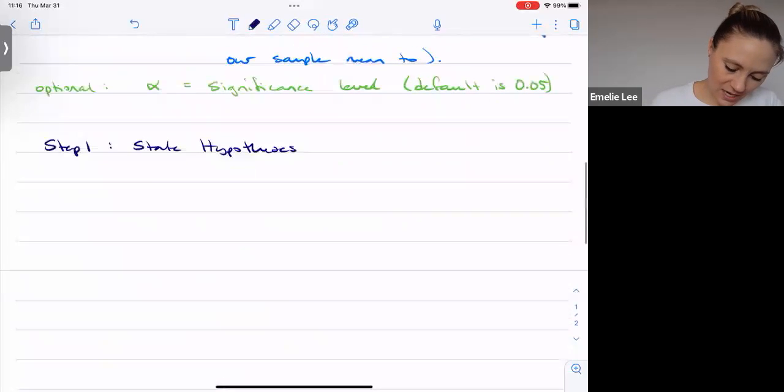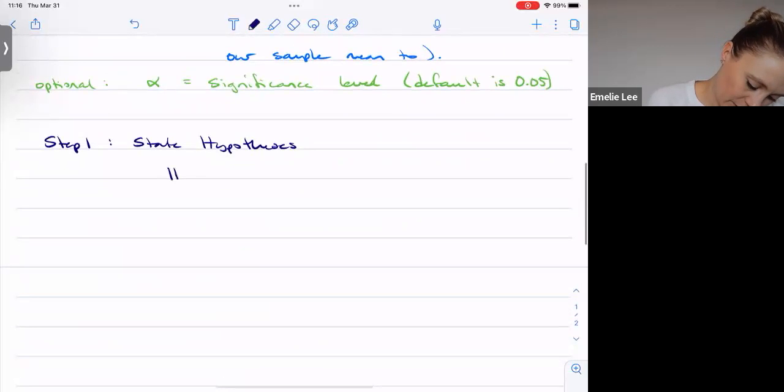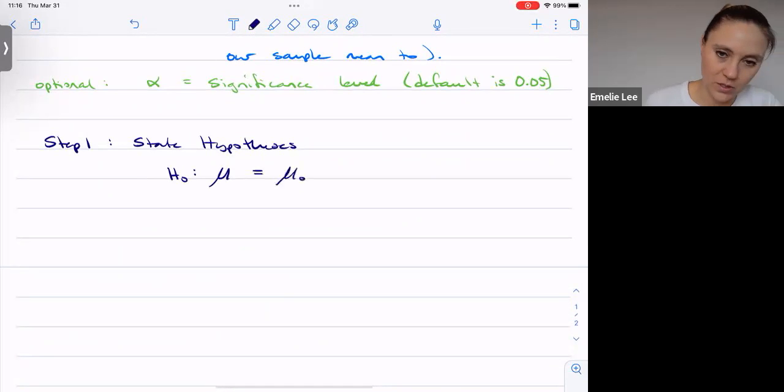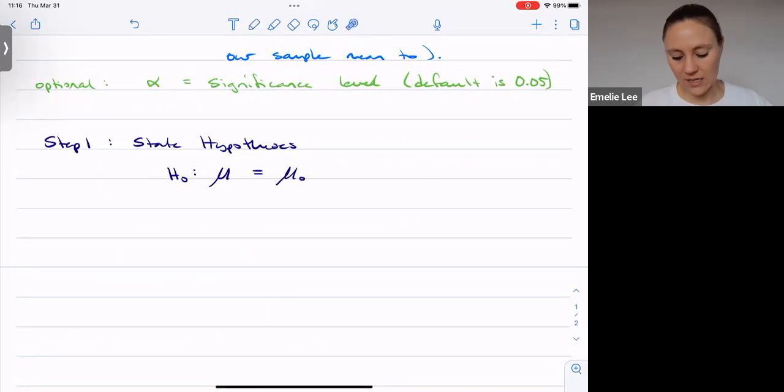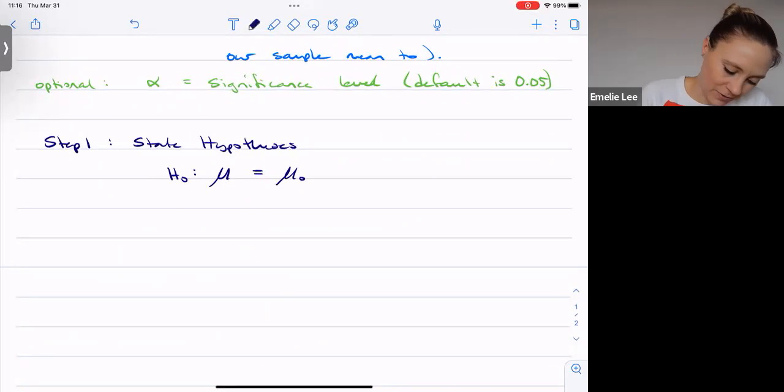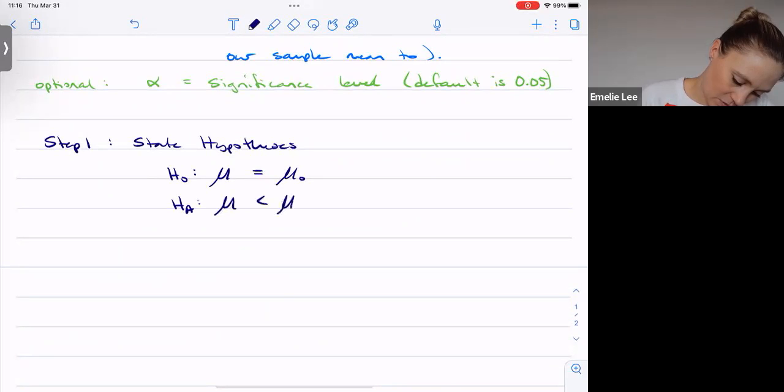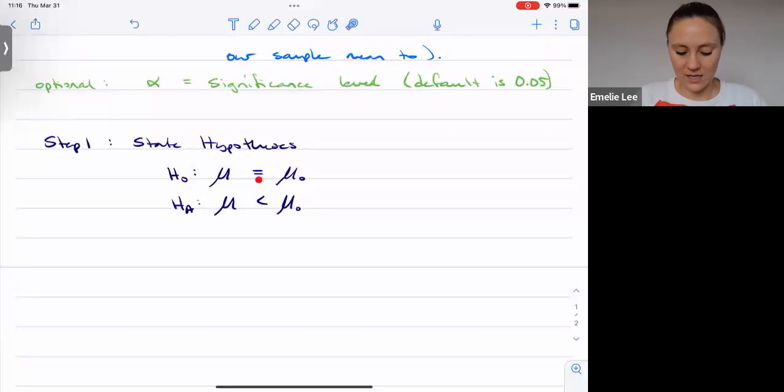So exact same as we had before, our null hypothesis is that mu is equal to some mu naught. And depending on how comfortable you are, if you're testing a one-sided test, so if your alternative is that mu is less than mu naught, for example, then you could in theory alter the equal sign to be greater than or equal to.